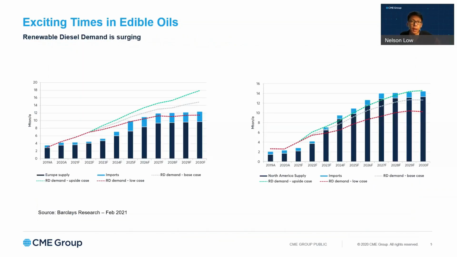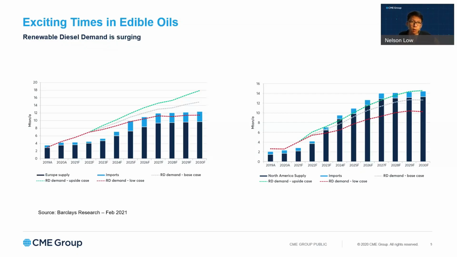I wanted to talk a little bit about that linkage between diesel and edible oils. And here is something that you will see. The Western Hemisphere is driving a lot of the demand for biofuels, and that's partly because the Western countries have what is known as a renewable fuels mandate, where they require companies, when they sell fuel, to sell fuel with a certain percentage of renewable fuel in it.